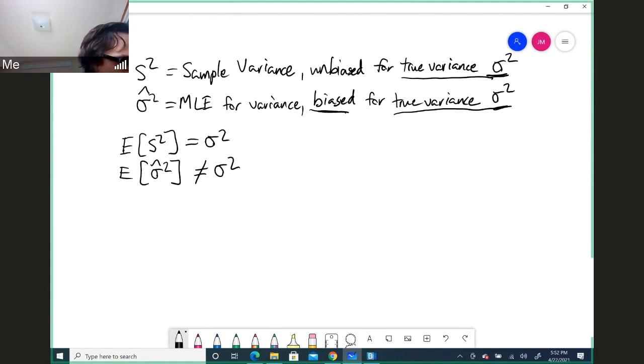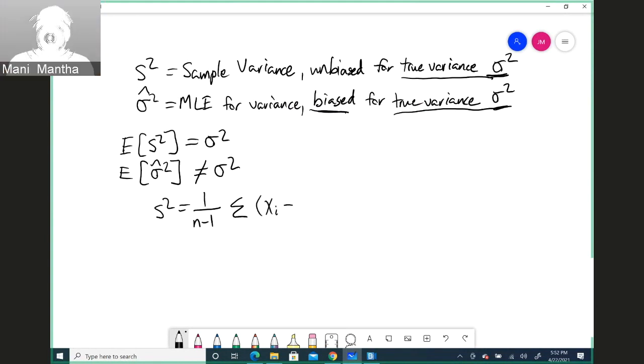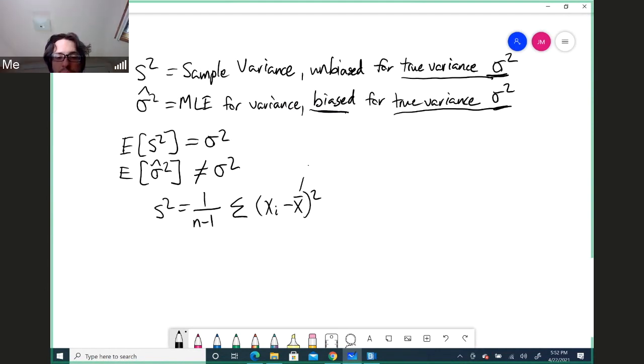But let me just write it down here, how you actually go about calculating these things. To calculate s squared, it's equal to 1 over n minus 1 times the sum of xi minus x bar, squared, where x bar is the sample mean.